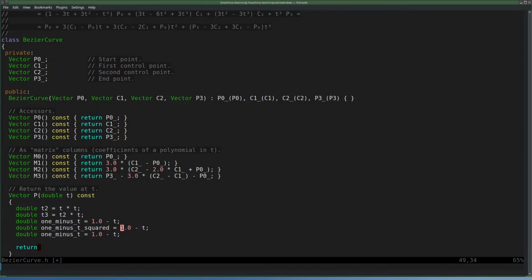Can't type. Really? Ridiculous. Is that not a better way to do this?